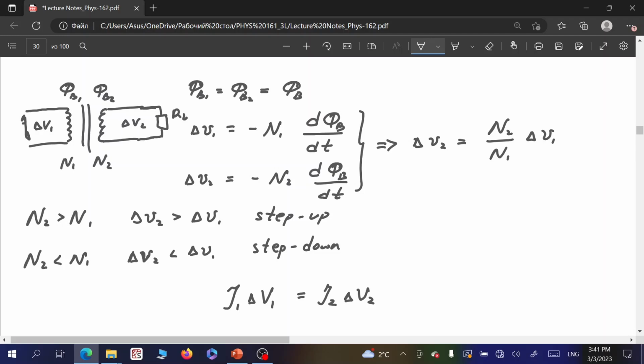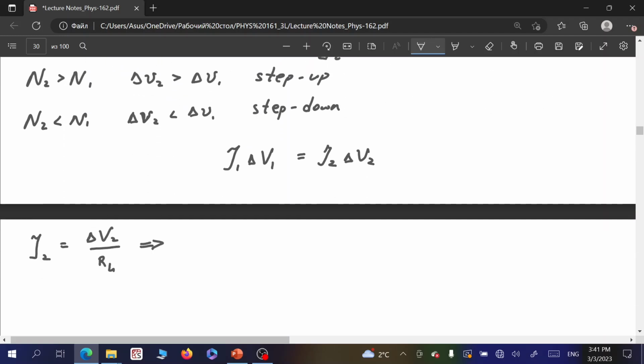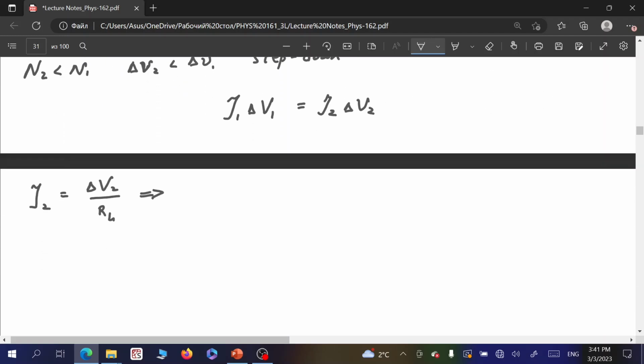First of all, it will be defined by the load resistor, obviously, because the load resistor will define what is the equivalent resistance of the primary coil, but also it will be defined by the ratio between the number of turns for primary and secondary coils.